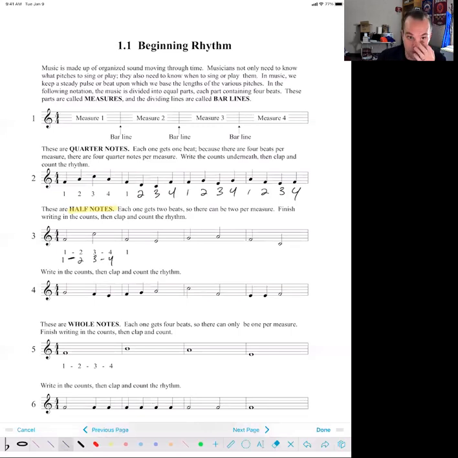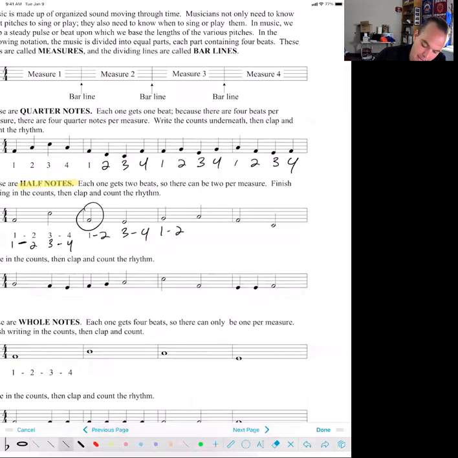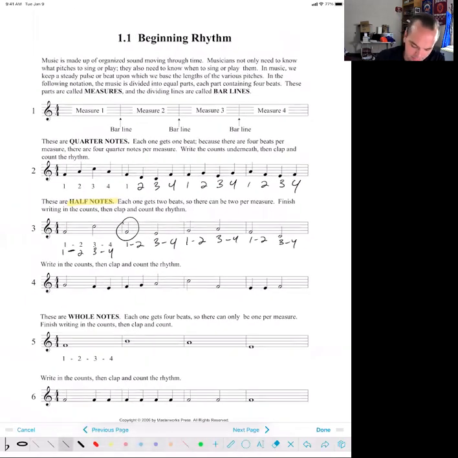That's for the half notes. When we're writing the half notes, we write the counts as 1-2, 3-4, because that's telling us that this note right here takes up beats 1 and 2 connected as one thing. That's why there's the dash between them. Then 1-2, 3-4, 1-2, 3-4. That's it. Nice and easy.